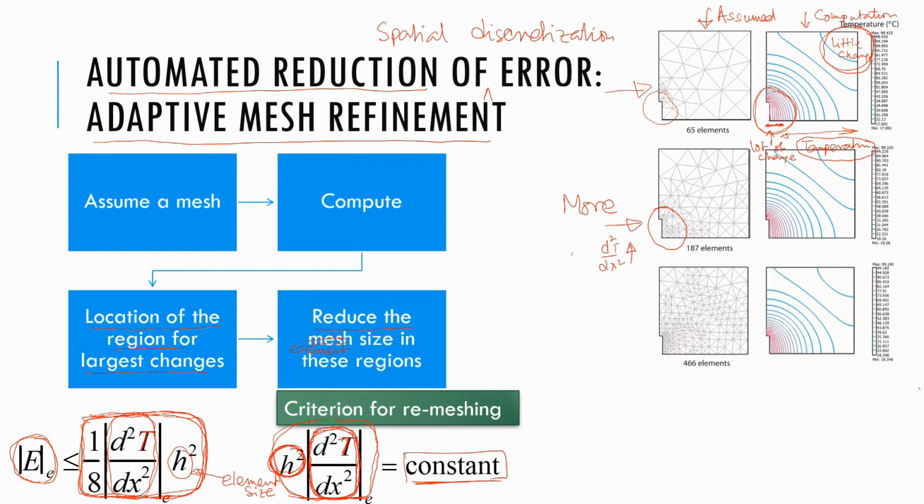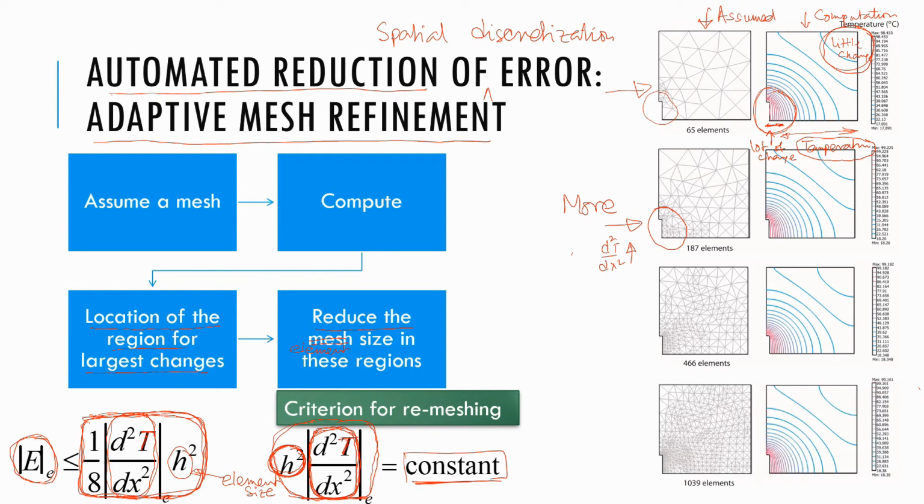Based on this, I do one more round, until the errors are about equal everywhere and they're small. So this process of going from one mesh to another is adaptive mesh refinement, because the mesh is adapting to the solution.